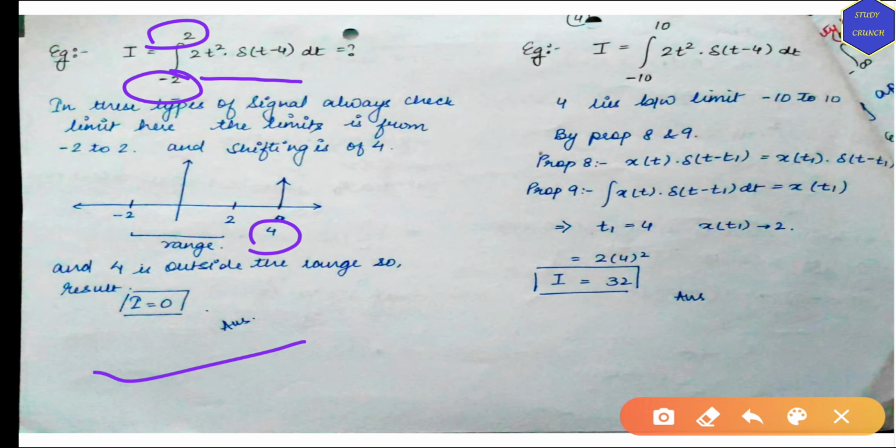Always check the value of the limits. So suppose we have I equal to the integral from -10 to 10 of 2t square delta of t minus 4. 4 will lie between the limits -10 to 10. So from property number 8 and 9, we can say that I is equal to 32 on solving this equation.